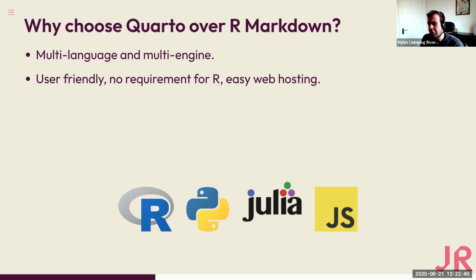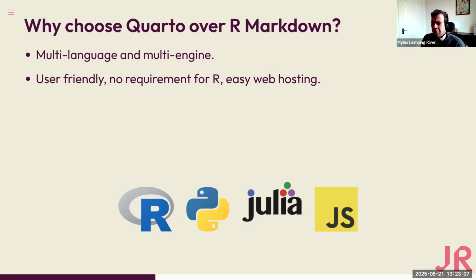Quarto is also, I think, just a bit more user-friendly. Like I said, there's no requirement for R. It's also easier to host Quarto outputs on the web. I'll get to this again at the end, but there's a number of different routes you can go down for publishing Quarto documents. There's Quarto Pub, which is free to use. It's very easy to publish directly to Posit Connect and that sort of thing.